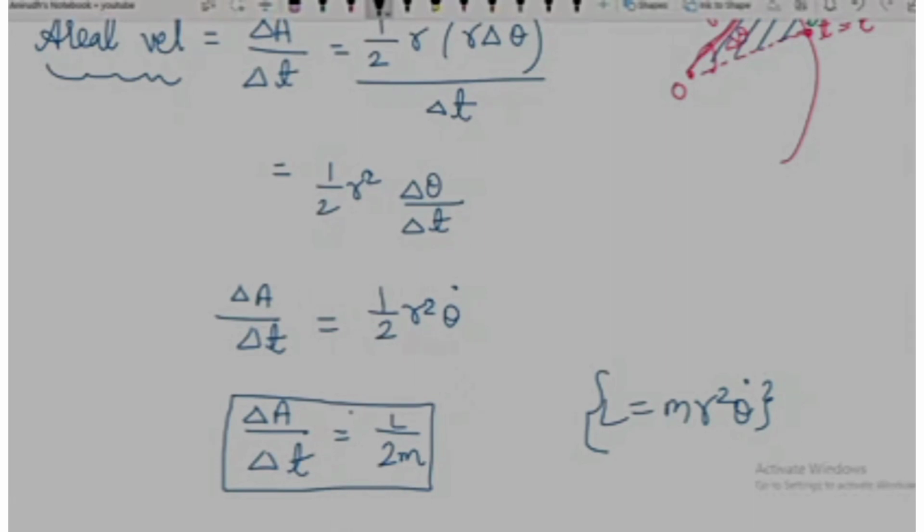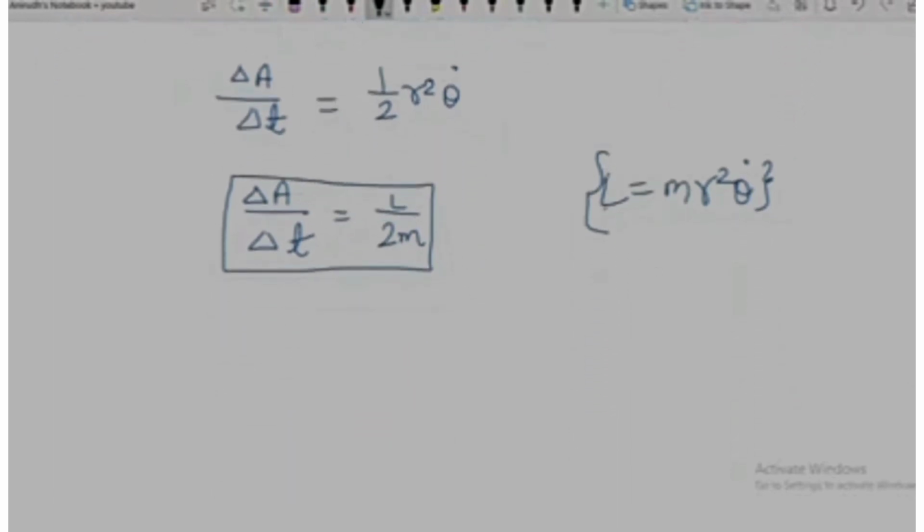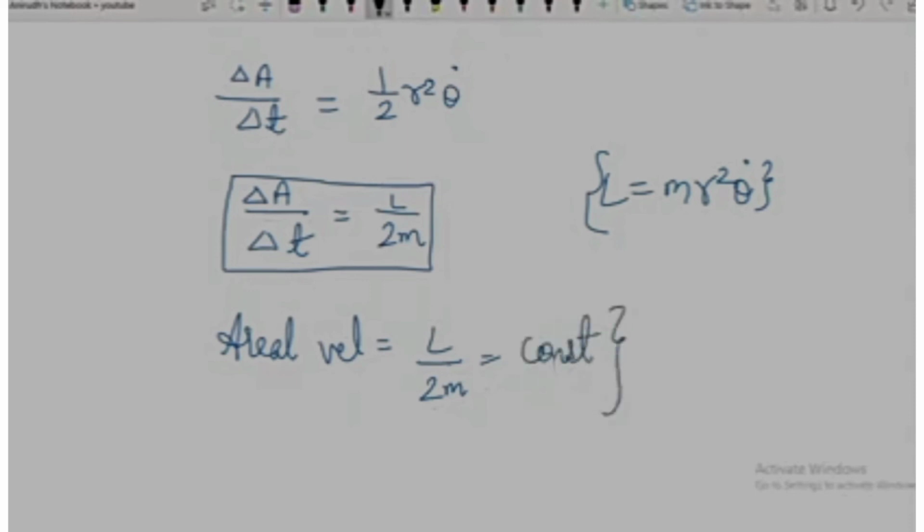So finally we found the relation between areal velocity and angular momentum: areal velocity is equal to L by 2m. That will be a constant value, because L is a constant and m is also a constant. I think you get my point.